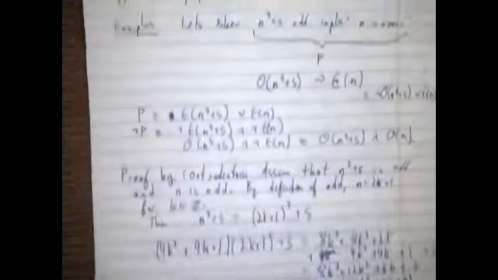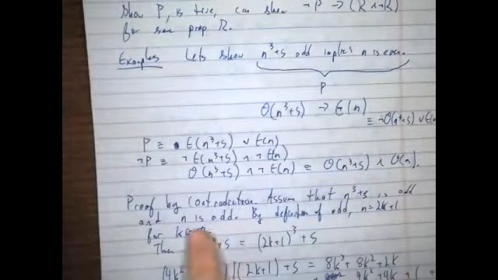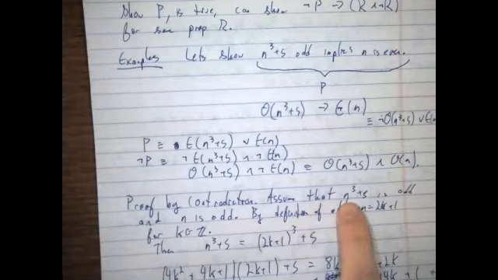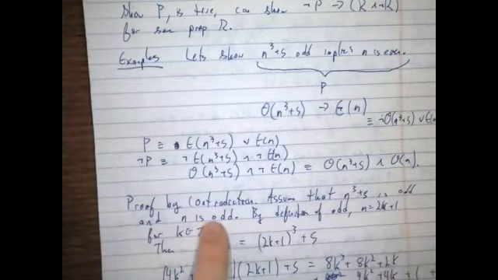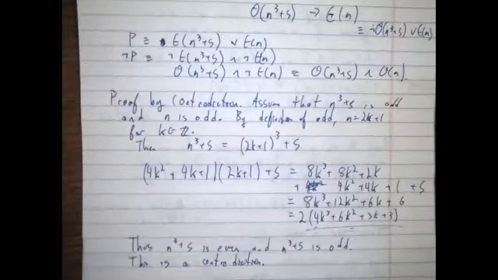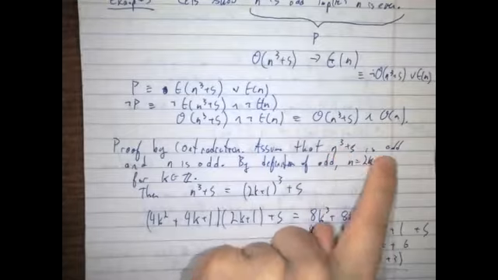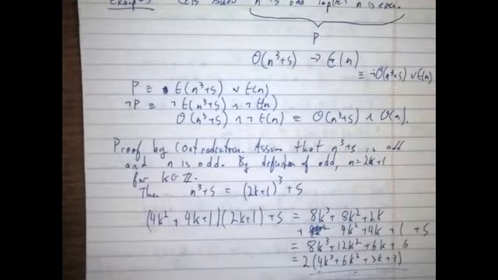This is always false. So what I've shown is that if I assume the negation, so if I assume that n cubed plus 5 is odd and n is odd, then something breaks. I then get that some number is both even and odd. So this assumption that n cubed plus 5 is odd and n is odd has to be false.